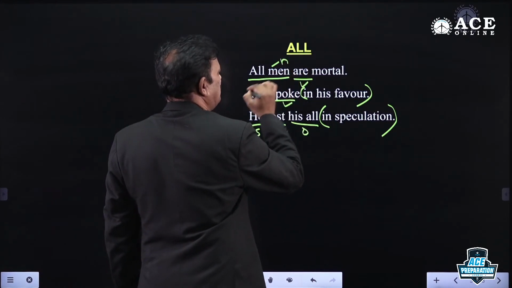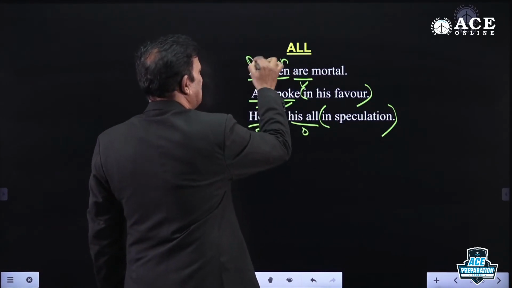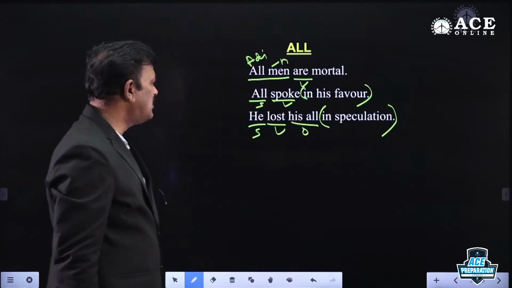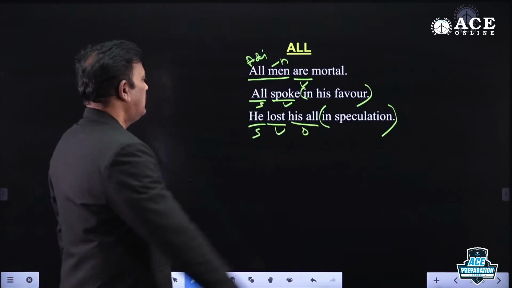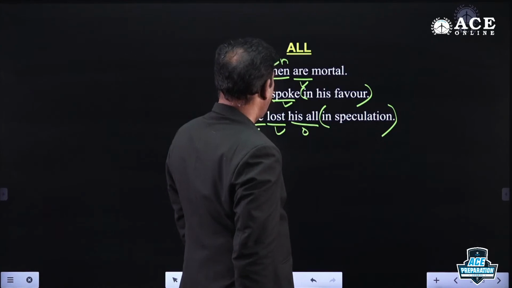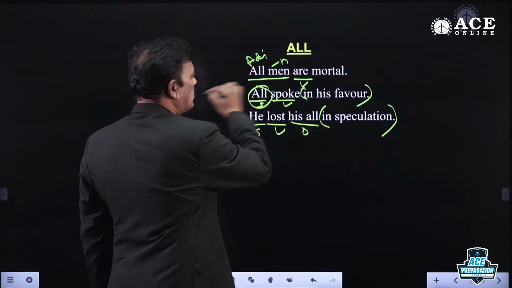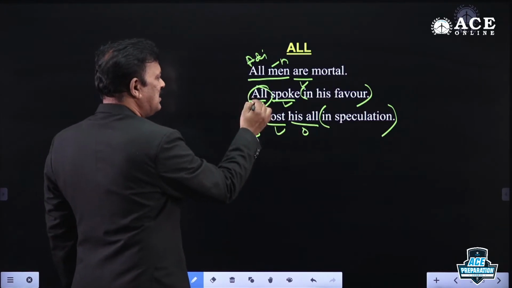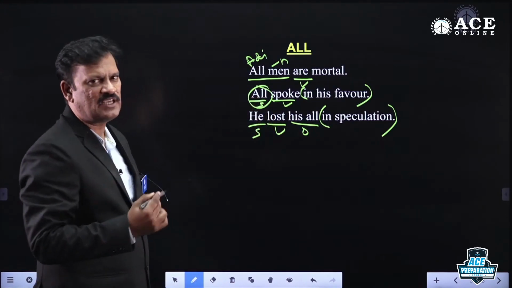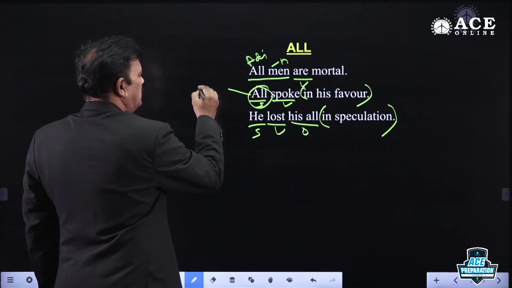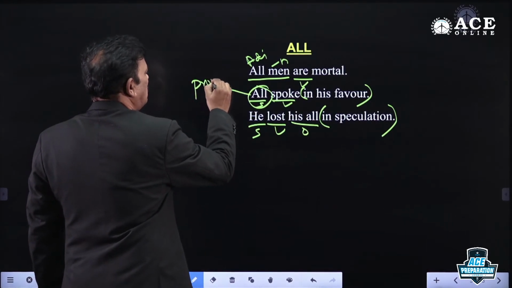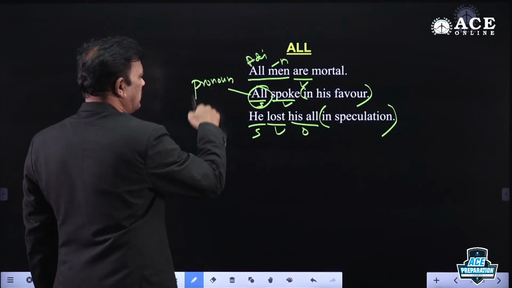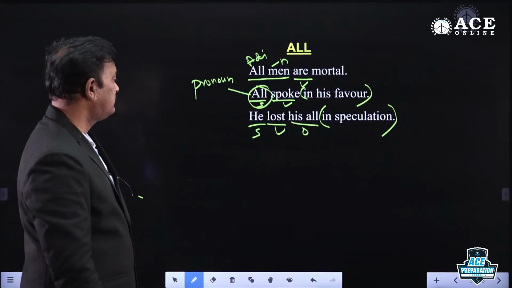Last word has to be noun. Left side, it has to be adjective. So, all in the first sentence is an adjective. All spoke in his favor. Who spoke in his favor? All. So, here a single word, subject. If you say noun, also I don't mind at this point.